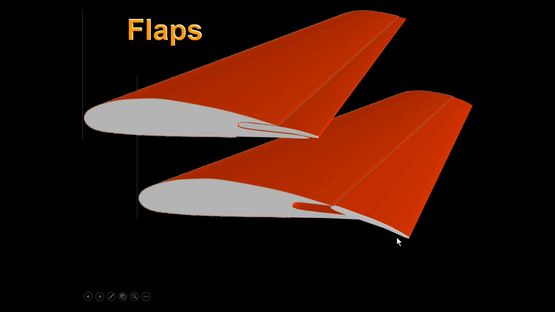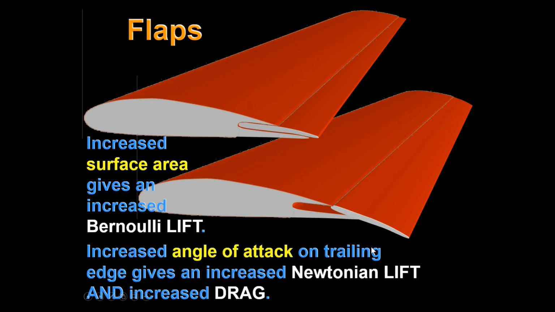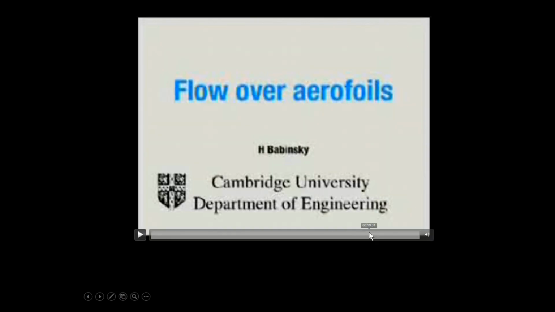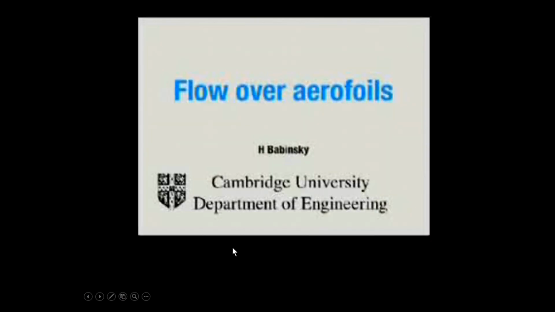And then it's angled down like this to get some Newtonian lift as well. And that also causes drag, which slows the airplane down. This is a neat video from Cambridge University using smoke trails to show air going over that surface.